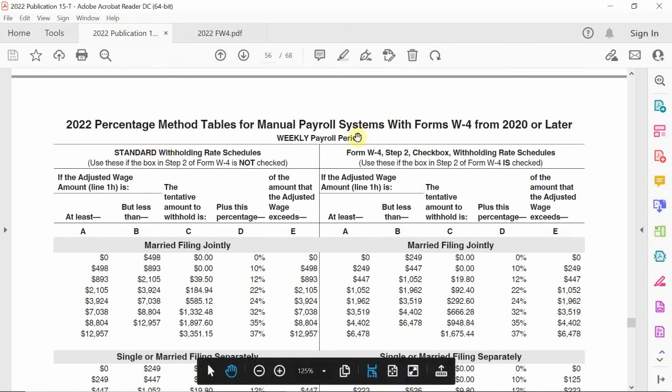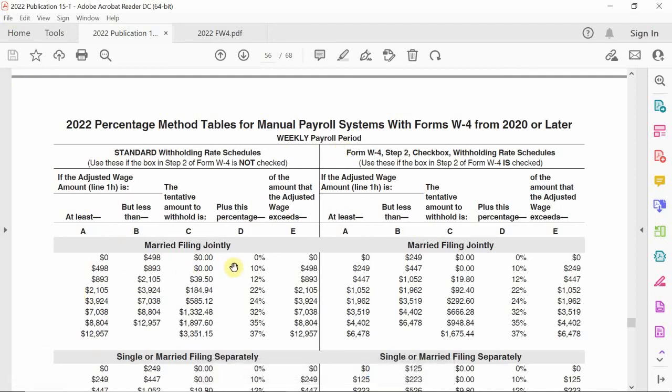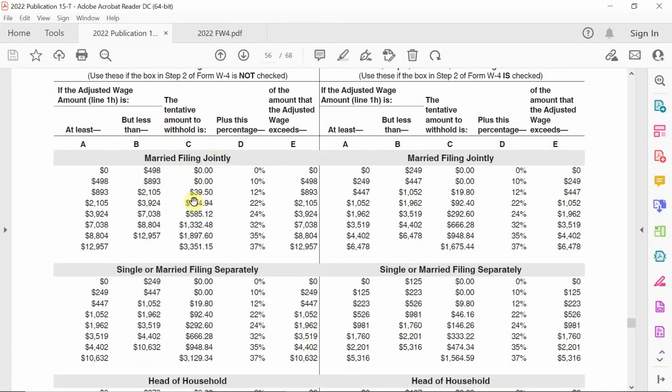Okay, so this is the weekly pay period. Second thing is, it's going to be based on your marital status, right here. Are you single, or are you married filing jointly? Okay, and then the third thing is determined by how much money you earn. Okay, it's going to determine which bracket and percentage you belong in.